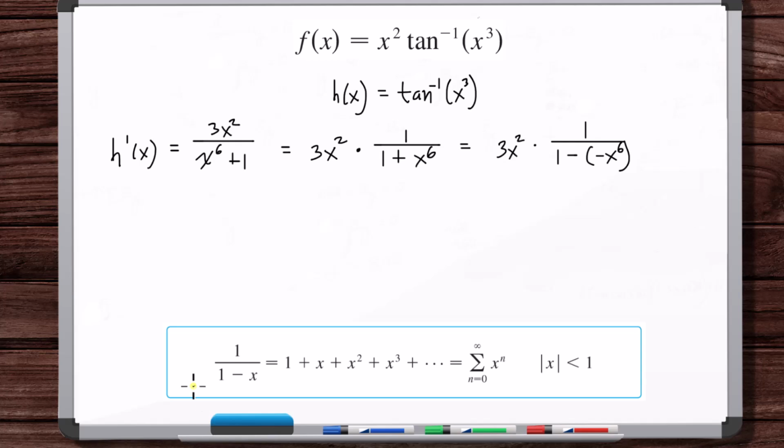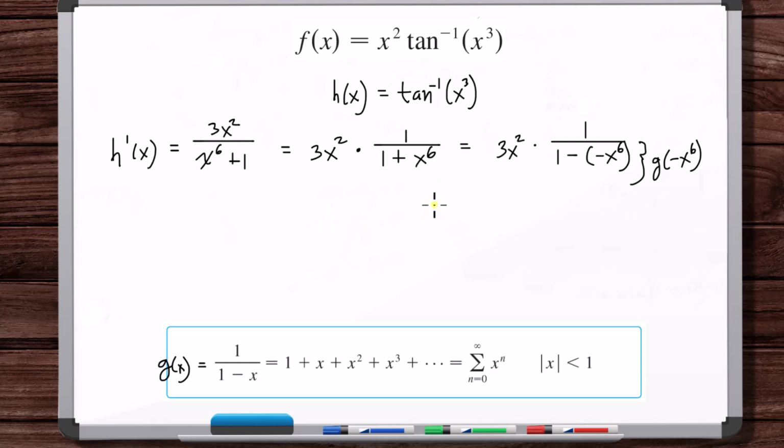You see? So if this is g of x, then this is g of minus x to the sixth. But why are we doing this? Because if we can represent this as a power series, then we can integrate this. When we integrate it, what do we get? This. But I know we still have this x squared, but we'll get to that.